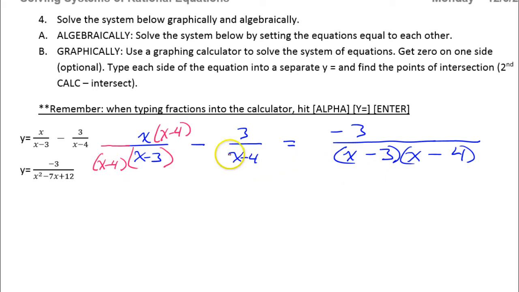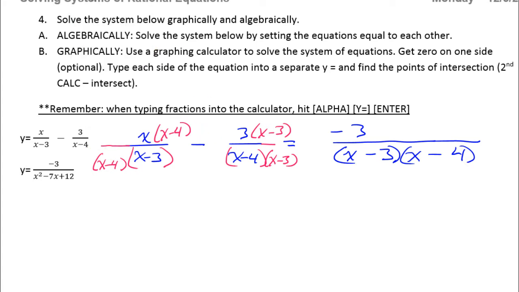So now that matches. This denominator has the x minus 4. It needs x minus 3. So I'm going to put x minus 3 in the numerator and the denominator. Like that. Okay, now I can cancel these out.